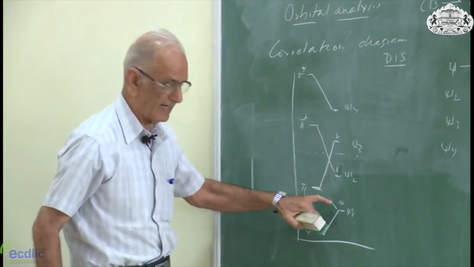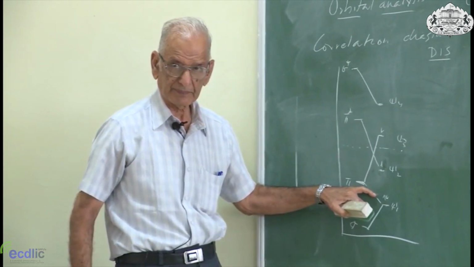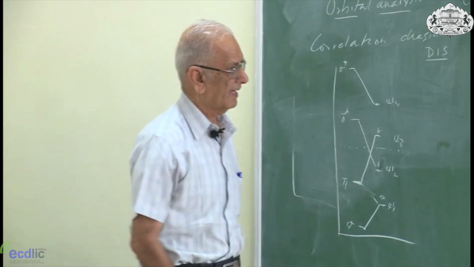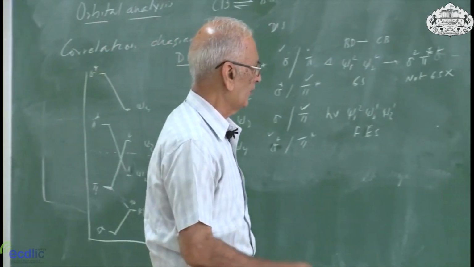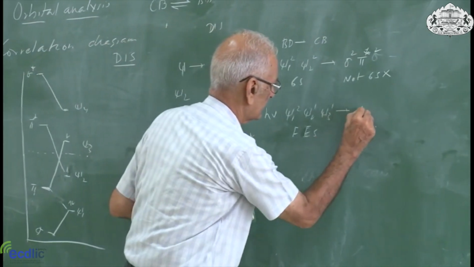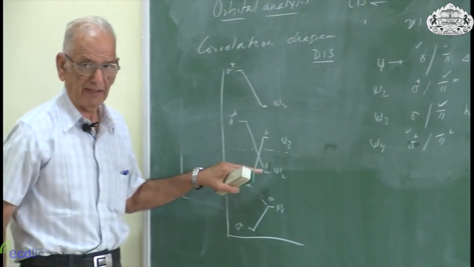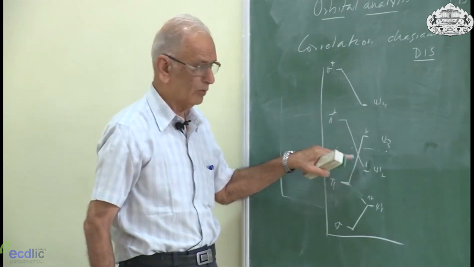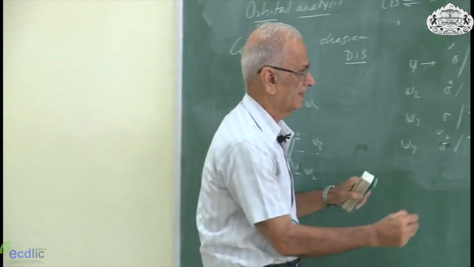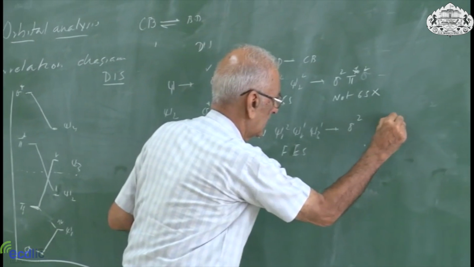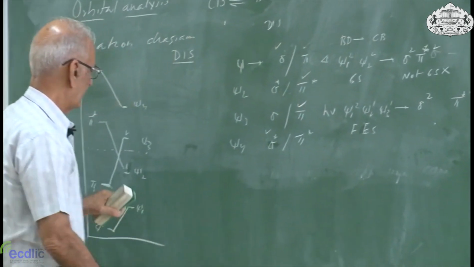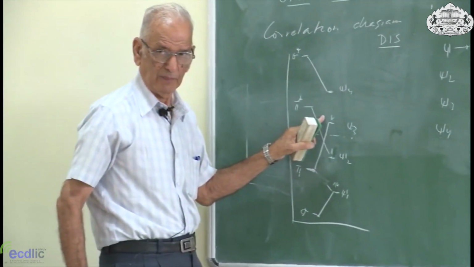Where will your psi 1 electron go? Psi 1 2 electrons will go into sigma. Psi 2 1 electron will go into pi star. Where will your psi 3 1 electron go?